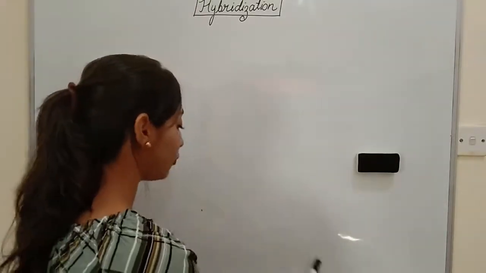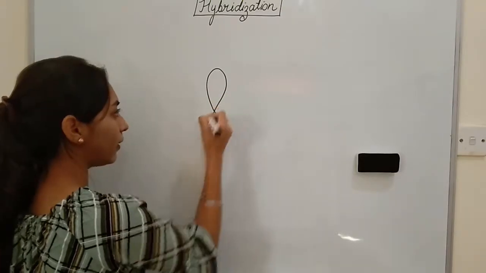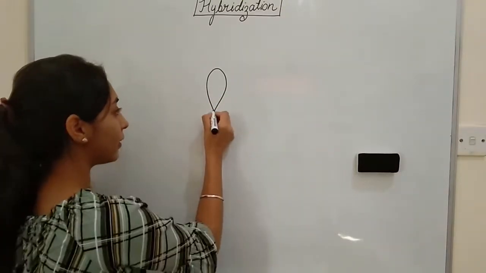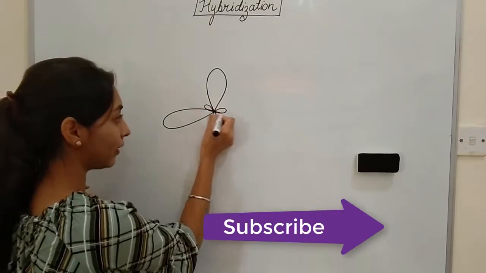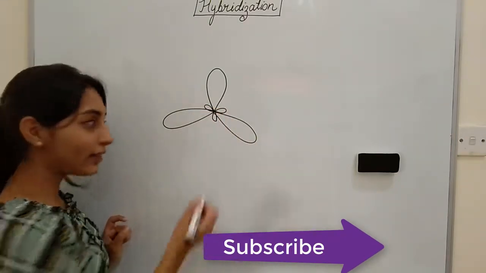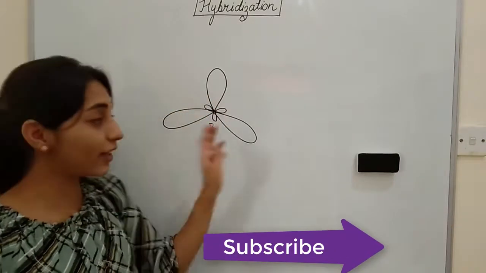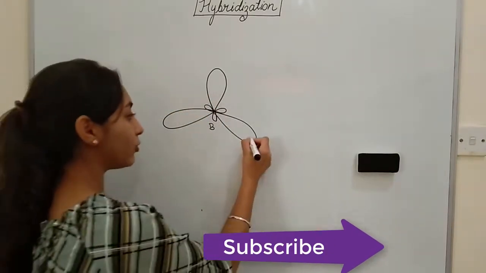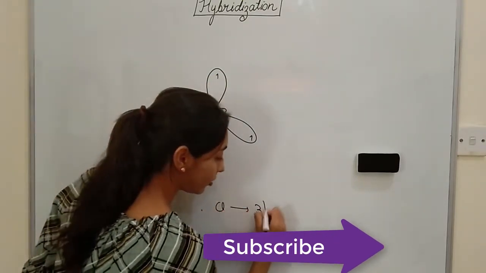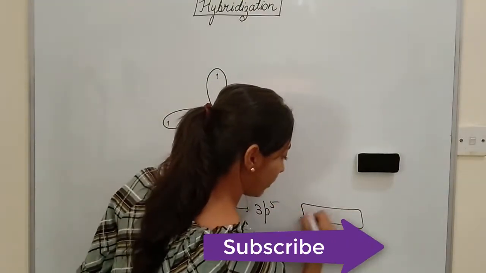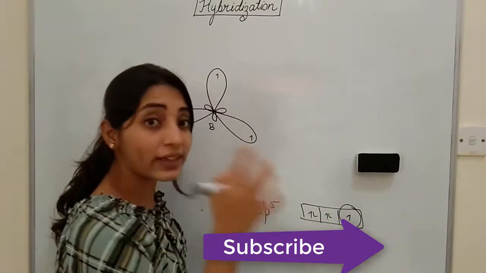So I'll do the same thing here. I'll put one orbital like this, another orbital like this, and the third orbital like this. This is boron's atom, and these are the three orbitals of boron. Each has one electron, and I told you chlorine is 3p5, so one of the p orbitals is unpaired.